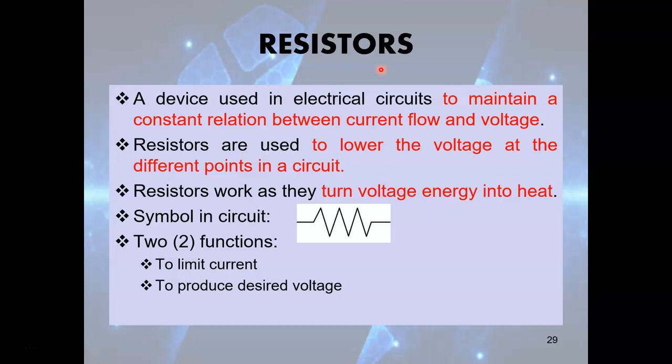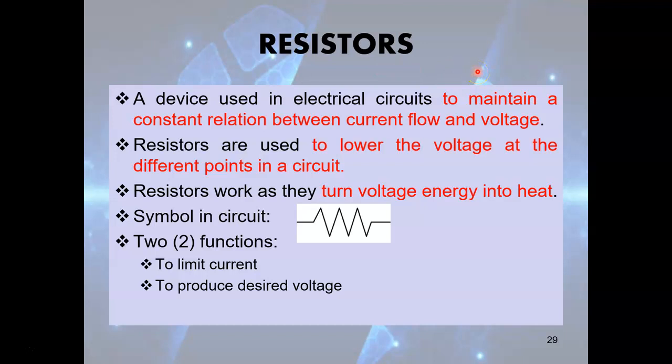First is the capacitor, which you already met in chapter 10. The second one is the resistor, which you will see more of here. And another one is the inductor, which will be introduced in our last chapter, chapter 14, alternating current. So you have these three basic electrical instruments in a basic circuit that you need to understand.